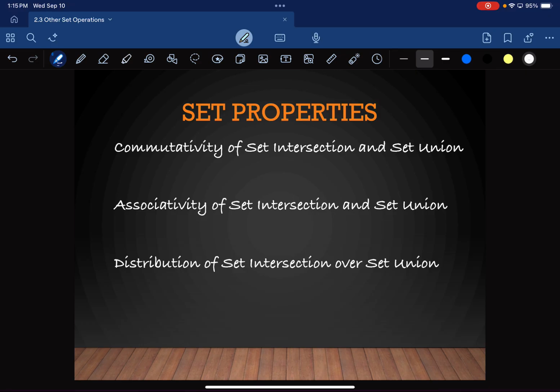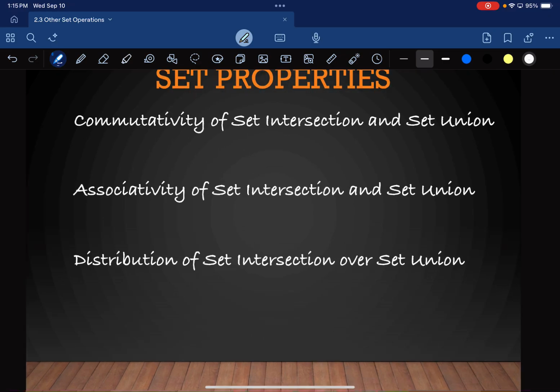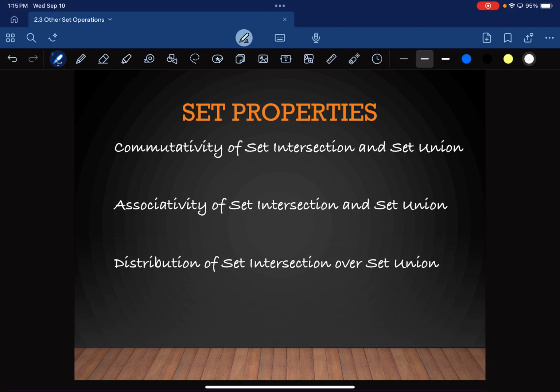This first one says it's the commutativity of set intersection and union. So for all sets A and B, A intersection with B is the same as B intersecting with A. And A union B is the same as B union A.